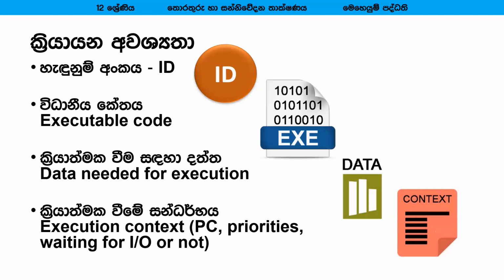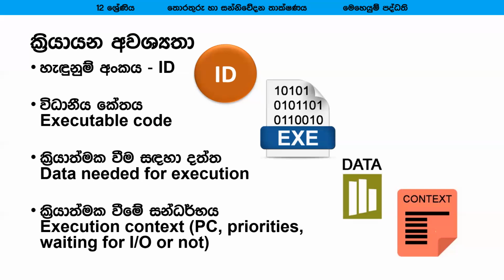And then it may need data. Sometimes those data are taken from the users, or sometimes the data are referred from some other files in the computer. However, the data should be there for a particular process. And again, there is something called the context.